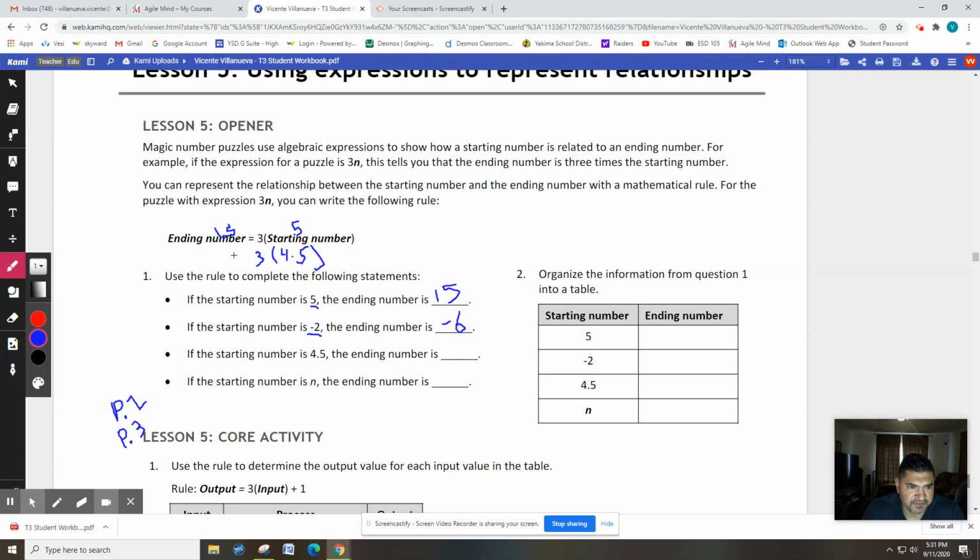Okay, so 3 times 4.5 is going to give us 13.5. Okay, so go ahead and write that in. Oops. Let me get rid of that. 13. That's even worse.